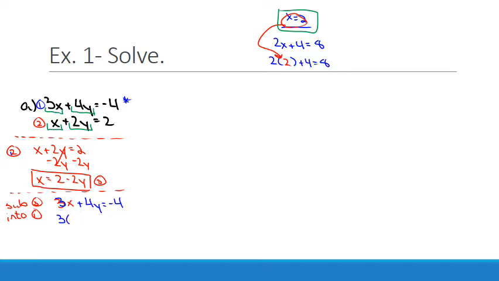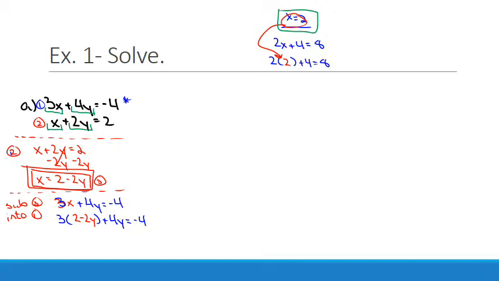So 3 bracket plus 4y equals negative 4. And just like I brought the 2 in my little opening example, the x equals 2 example, I'm now going to replace the x with 2 minus 2y, and that comes from up here again. So that's the big step in this process.